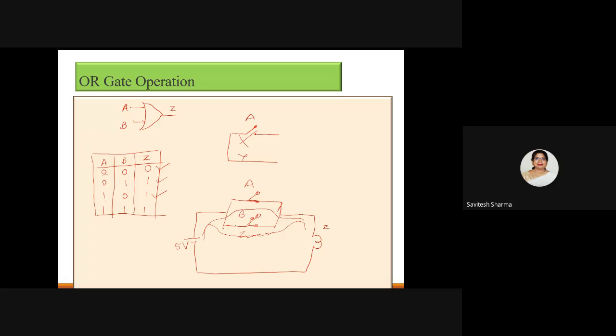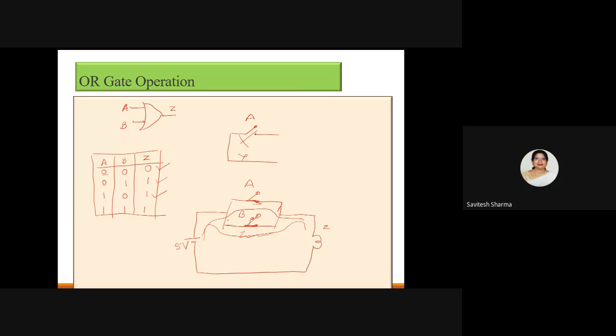Fourth case: if both A and B switches are closed, a loop will establish, though the intensity of the bulb may be different because now two resistances come in parallel. That is a matter of discussion for the numericals, so I'm just telling you in a simple way.